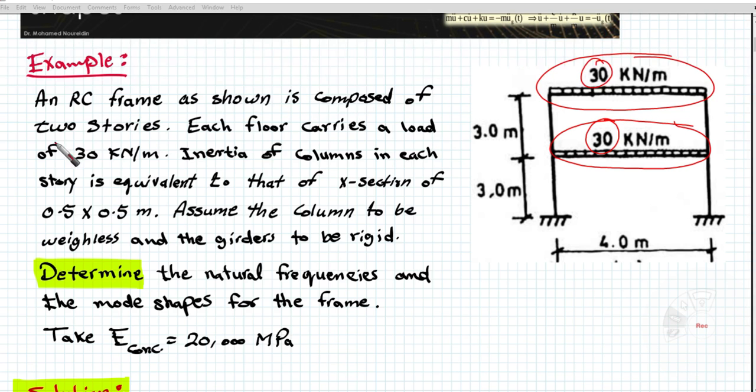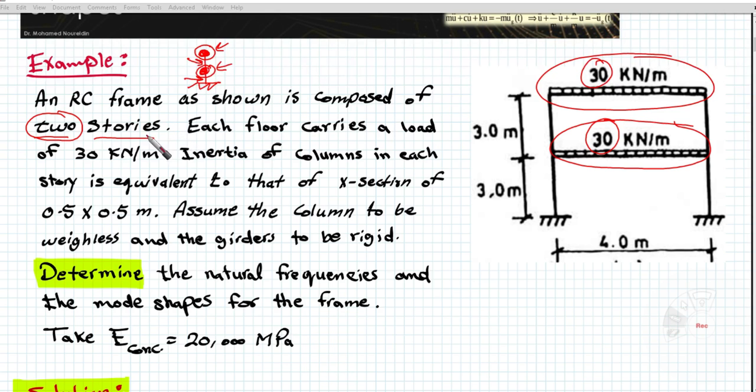It's composed of 2 stories. So the word 2 here means that we are talking about a 2 degrees of freedom system, 2 stories. Okay, but maybe we are not sure now whether the masses are going to be concentrated and lumped at each floor, or we are going to have some masses related to the columns.